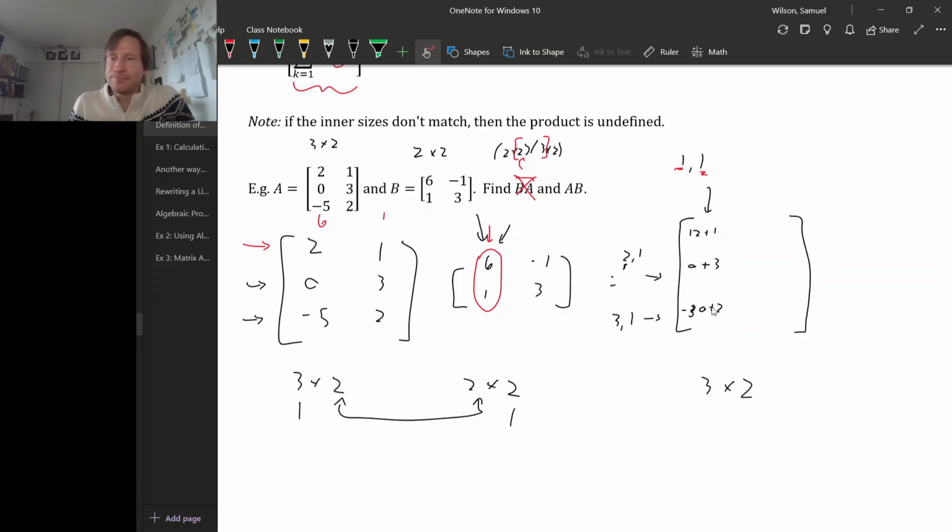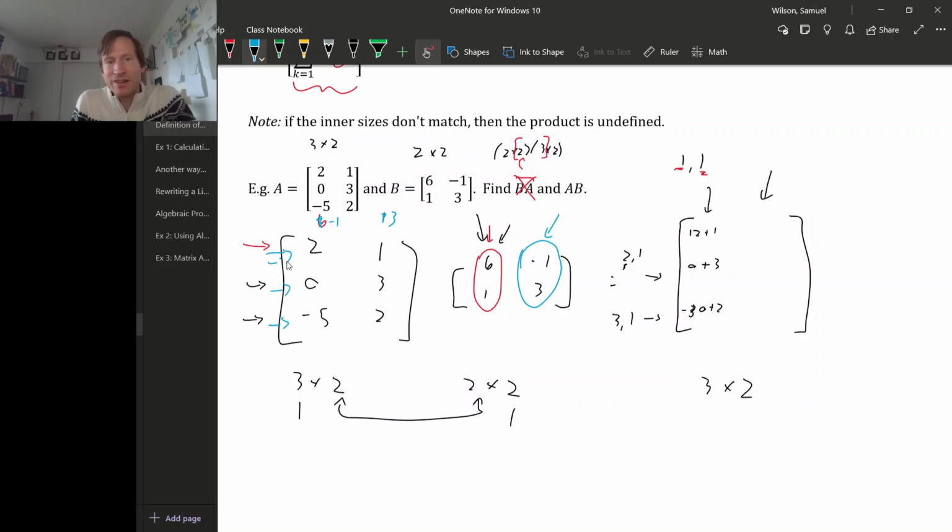Okay. Now to work out the second column, I do the exact same thing, except I use the second column instead of the first column. So now instead of a 6, I have a minus 1, and instead of a 1, I have a 3 over here. You can see that what we really need to do is take this column from B that I've turned on its side and just slide it down and hit every row.